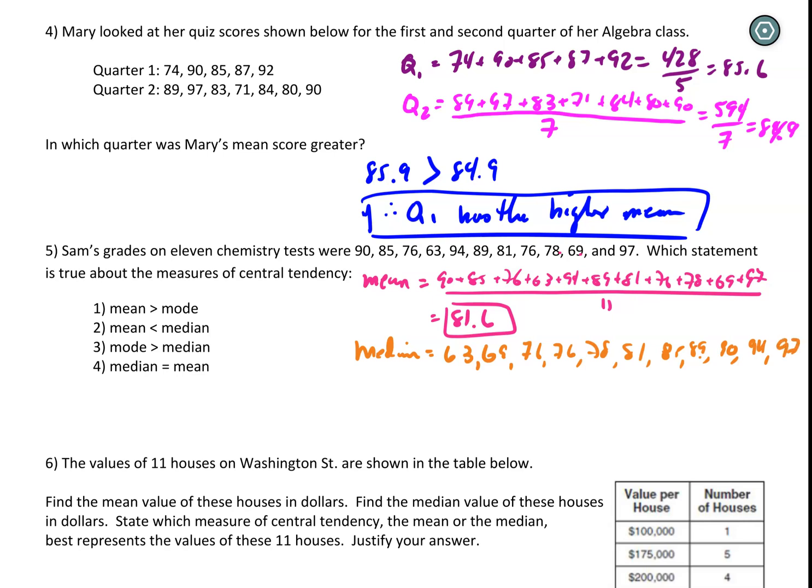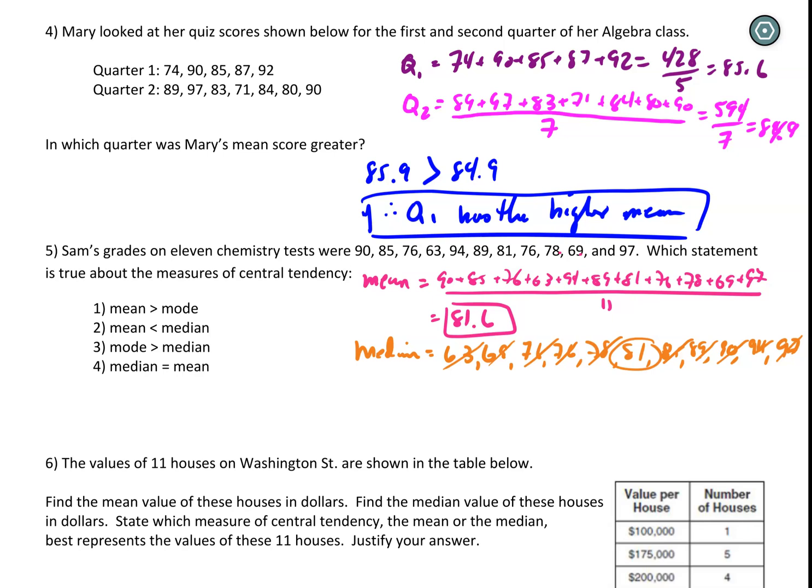Again, I count real quick to make sure I got all 11 pieces of data. Good, so start crossing off top and bottom, highest, lowest. I come out with a nice one, so that gives me an answer of 81.